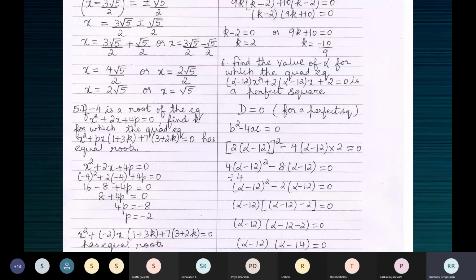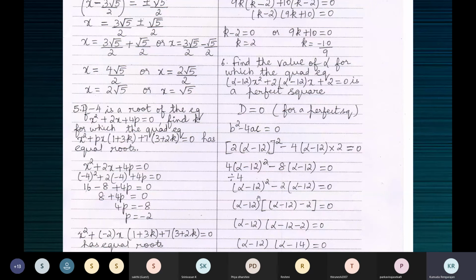Whatever is the coefficient of x square is a. So this is b square minus 4AC is equal to 0. Now 2 square is 4, so 4 into (alpha minus 12) the whole square, minus 8. 4 2s are 8, so 8 into (alpha minus 12) is equal to 0.